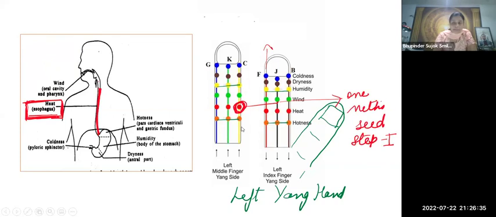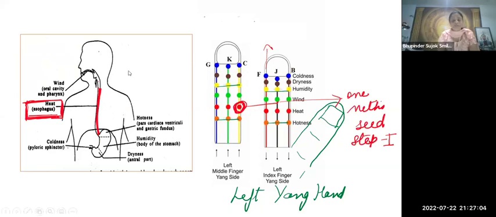So in this meridian, this is stomach meridian, and the status of esophagus is heat. This is heat, so here, this is the heat point. So the first step in stomach meridian, you will put one first methi seed here.